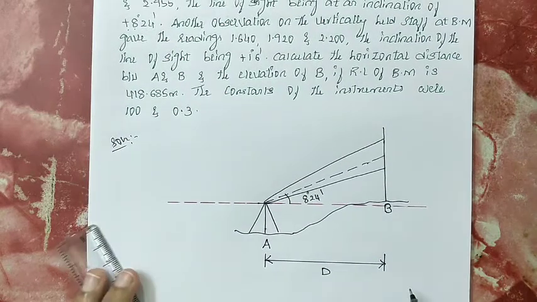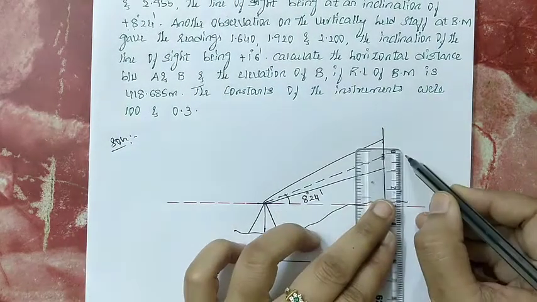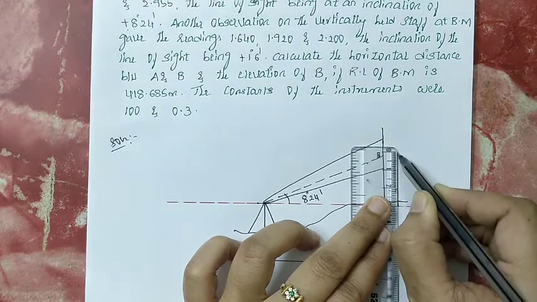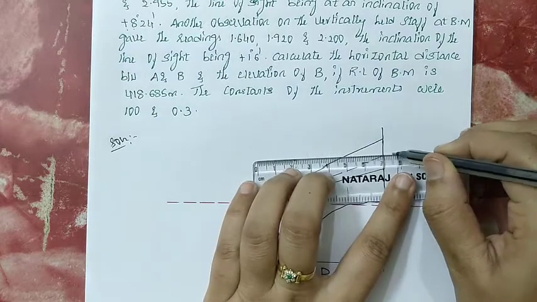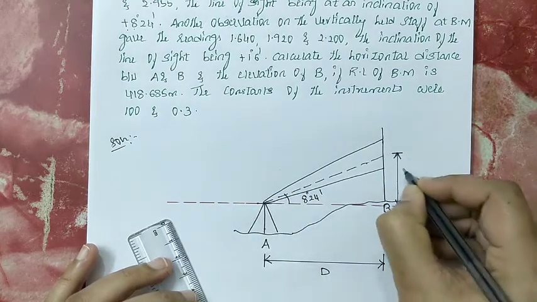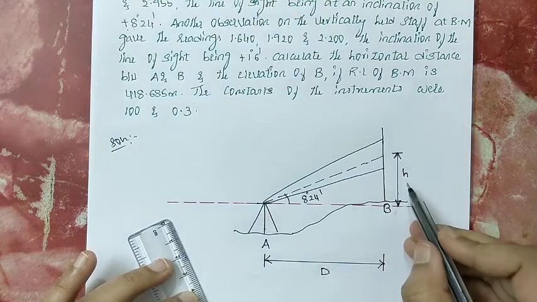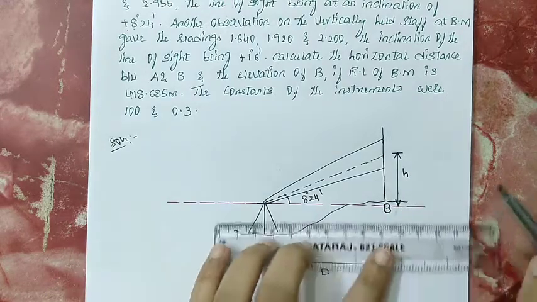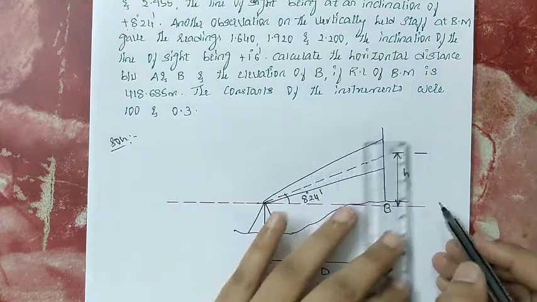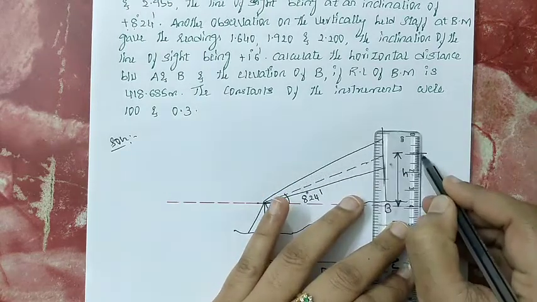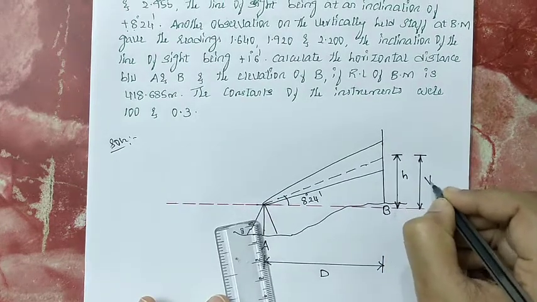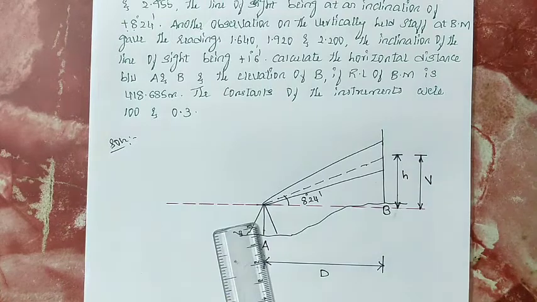Next, from the line of sight to the middle stadia hair, that height you call small h. Small h is nothing but the middle stadia hair reading. Then from the middle stadia hair to the line of sight of the instrument, that height you call capital V, that is your vertical component.